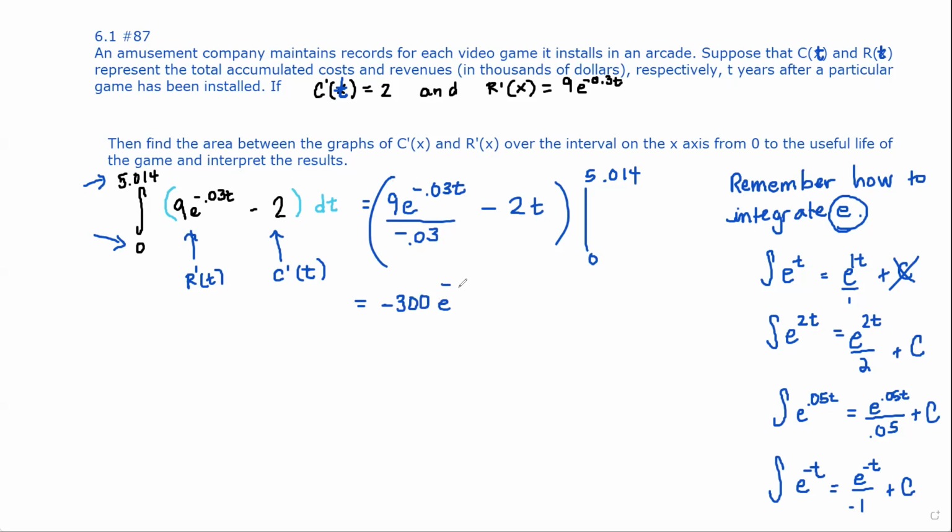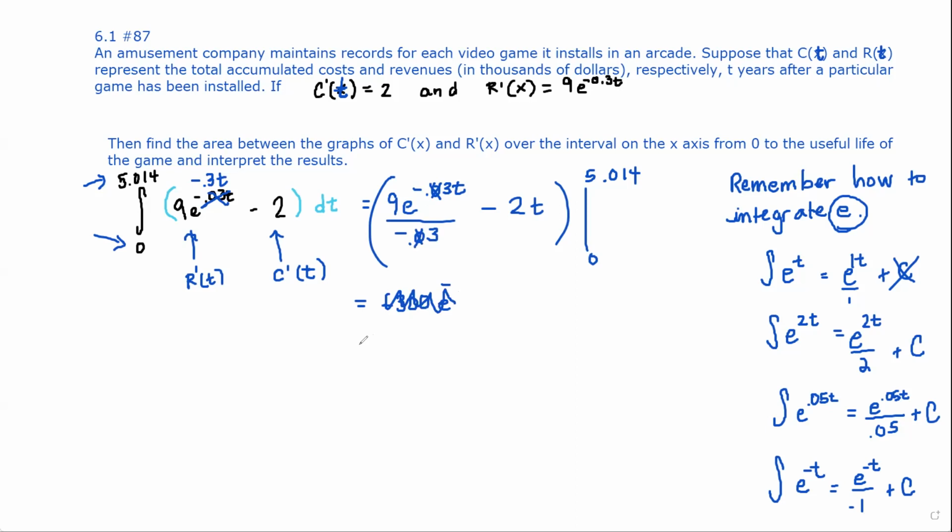E to the negative. Did I write that right? I didn't write that right. This is not 0.03. You'll have to excuse me. This is a negative 0.3. That 0 shouldn't be there. So when we divide this, we should actually get a negative 30.